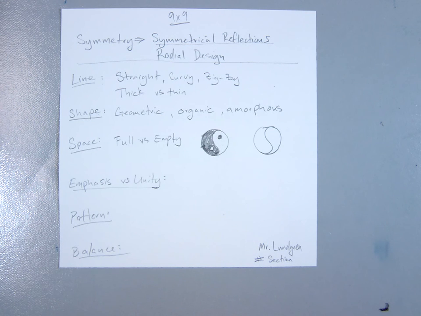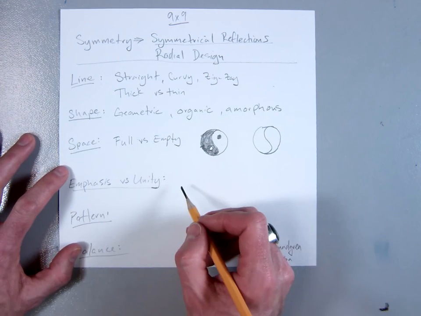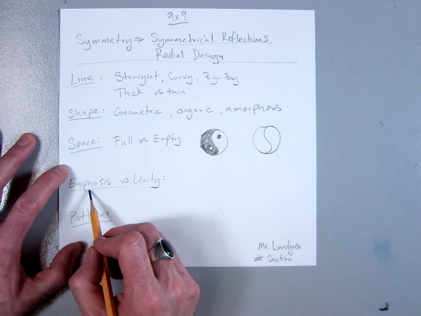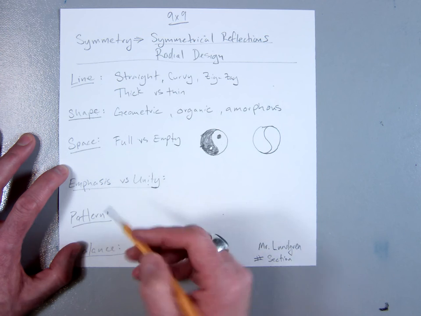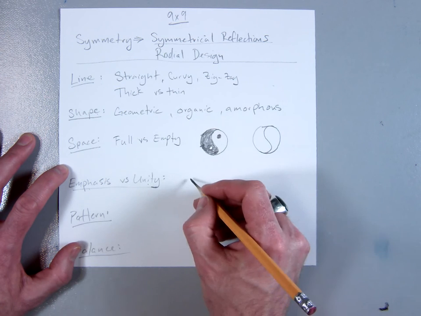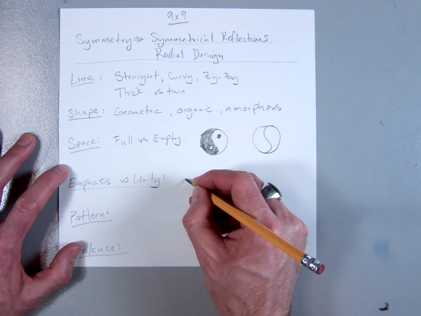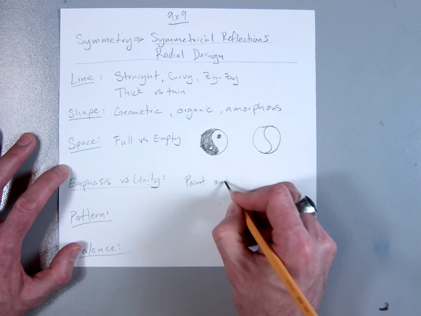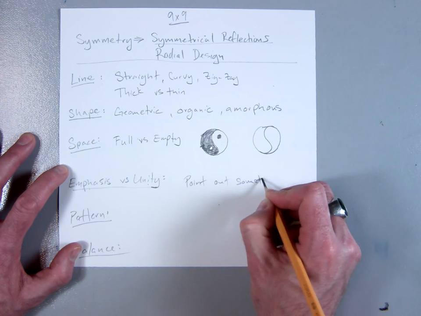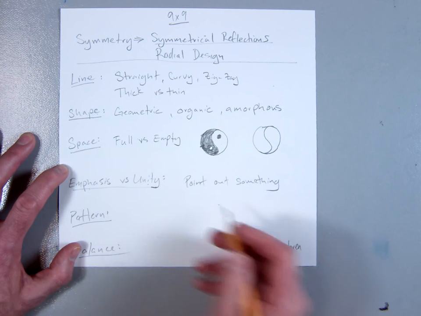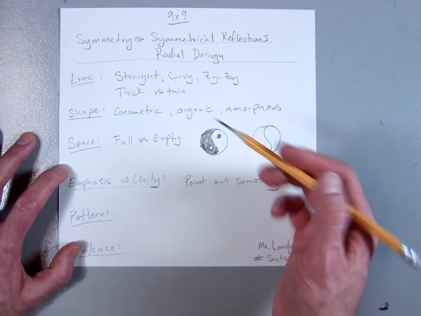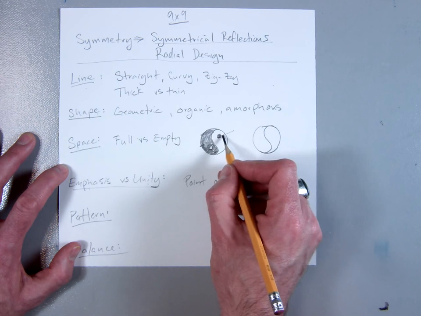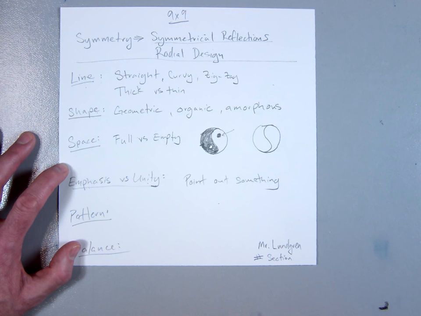All right, so the next part, after thinking about space, is the emphasis versus unity. So in some parts, we're going to want to emphasize things, meaning we want to point things out. Maybe we'll do emphasis with our color. Maybe we'll do our emphasis with the line or the shape, or maybe even space. This dot is very emphasized because it's sitting there all alone.